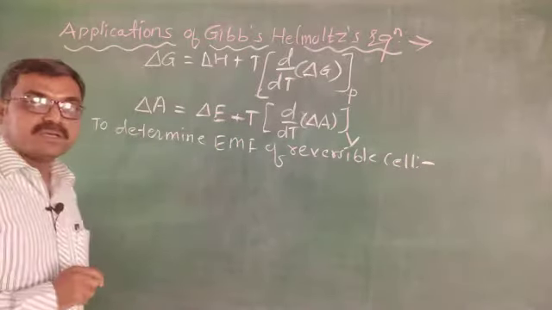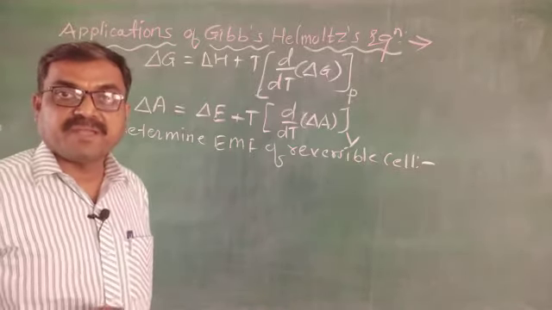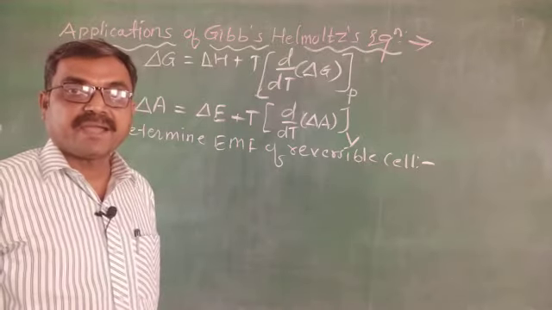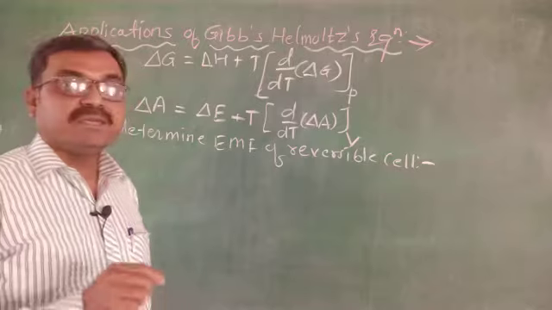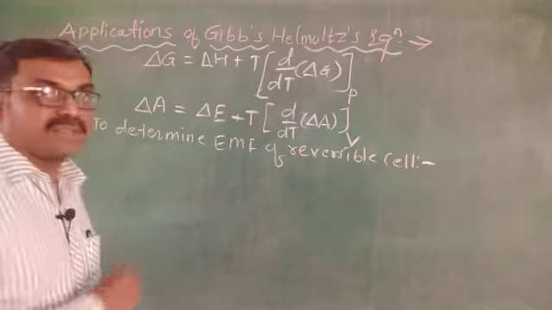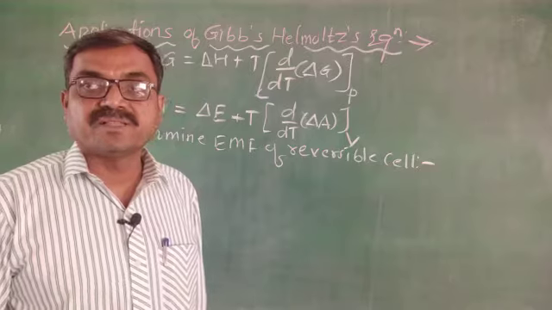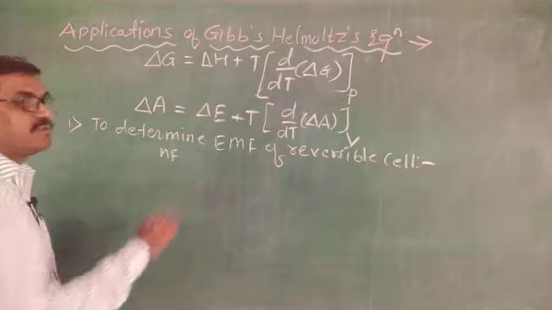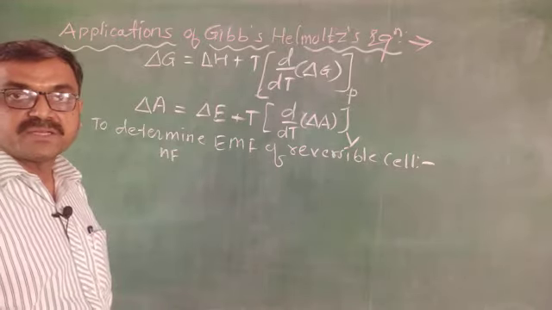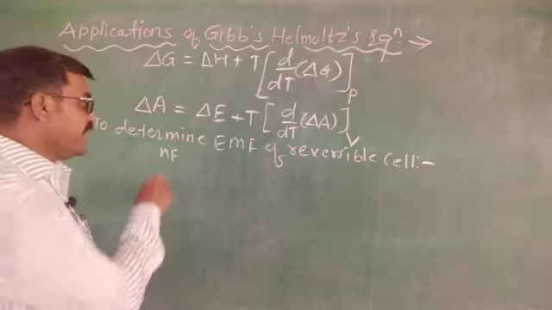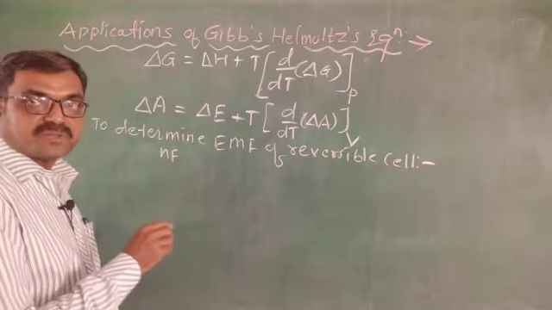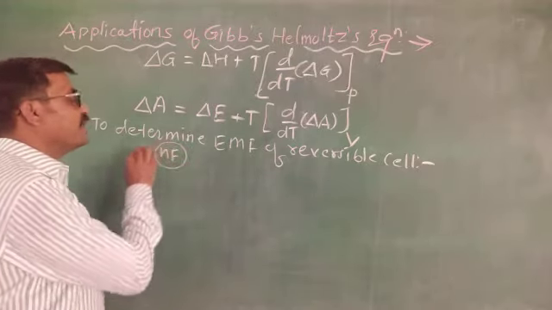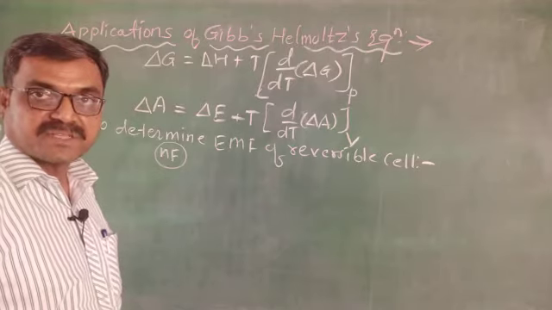Now, for this, we must know the relationship between the quantity of electricity passed through the reversible cell and the Gibbs free energy change of that reversible cell. Suppose nF is the amount of electricity passed through that reversible cell, where n is the number of electrons transferred through the cell and F is Faraday's constant. That's why nF is the quantity of electricity passed through that reversible cell.